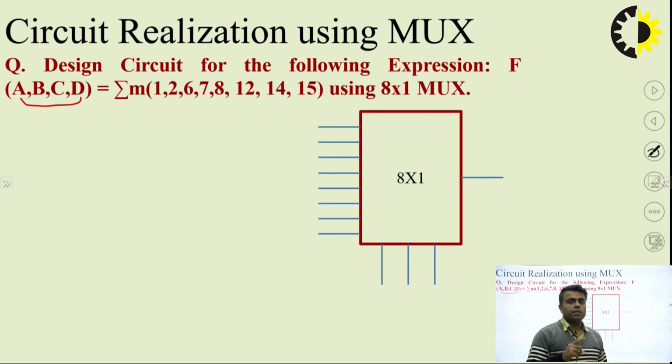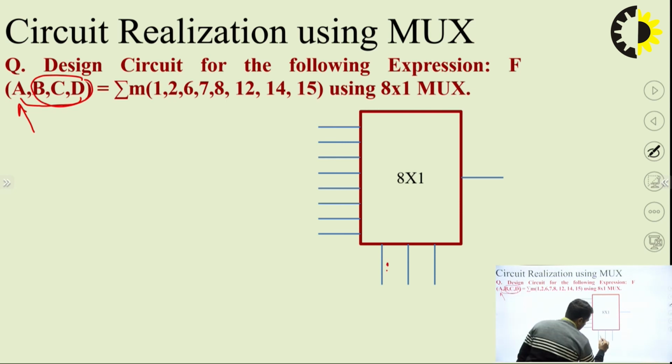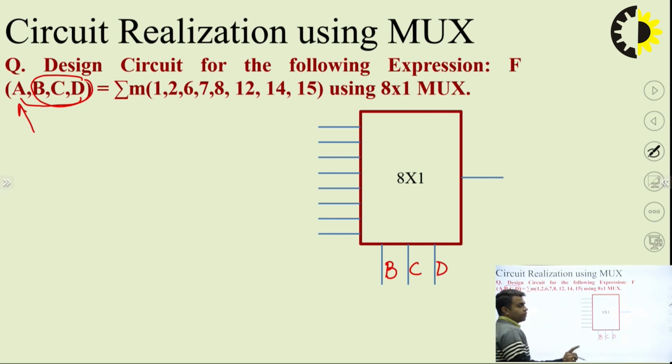If I decide that I will not be using A, then B, C, D are going to be used as select lines. So I have eliminated A.